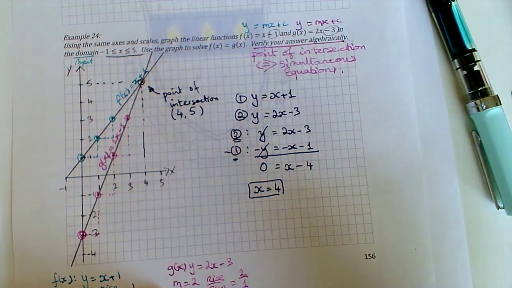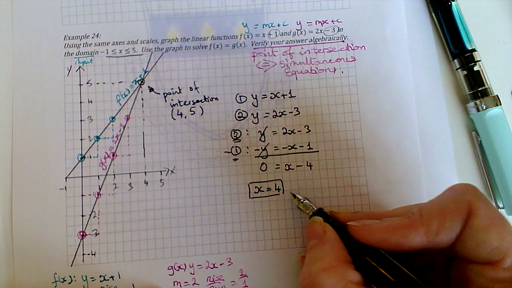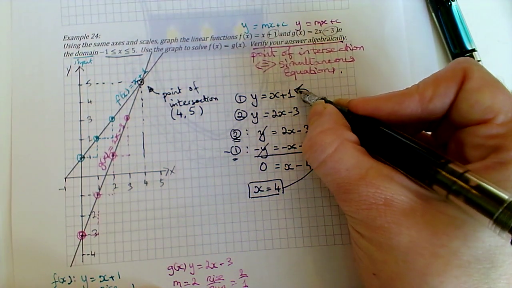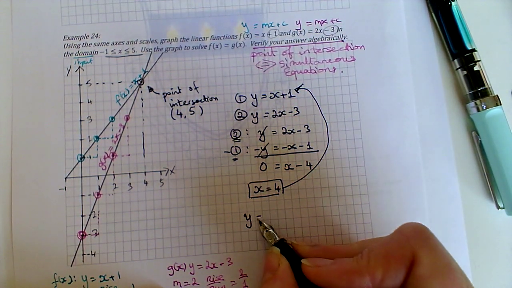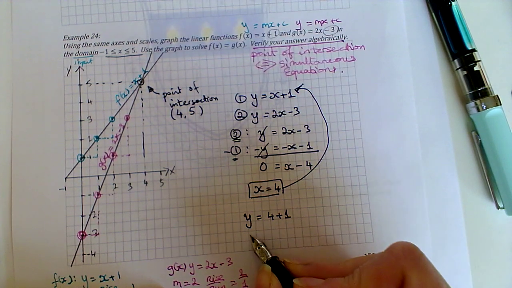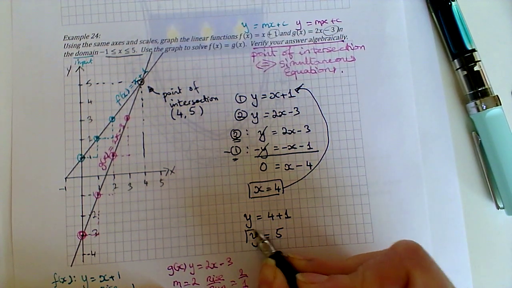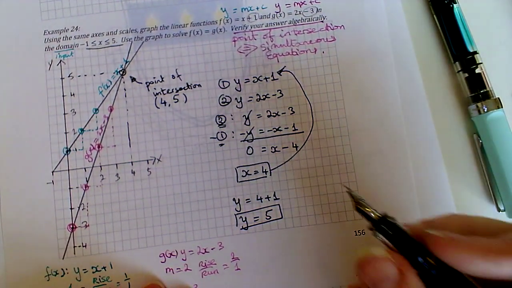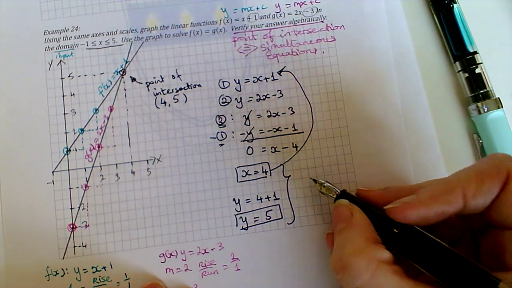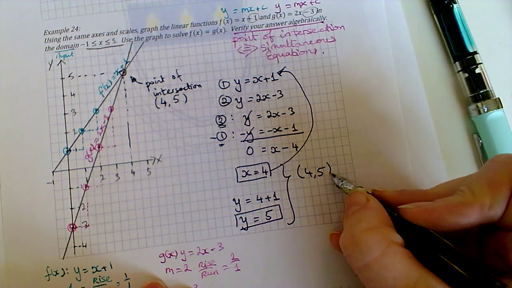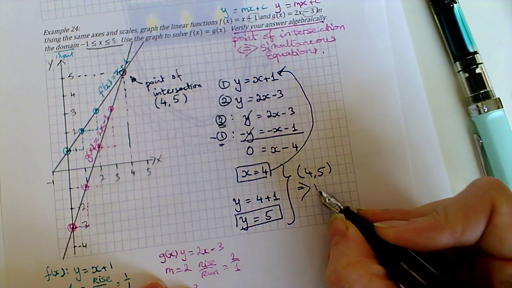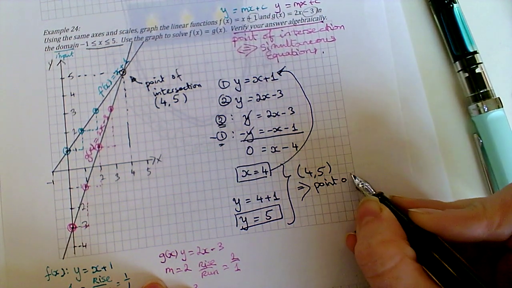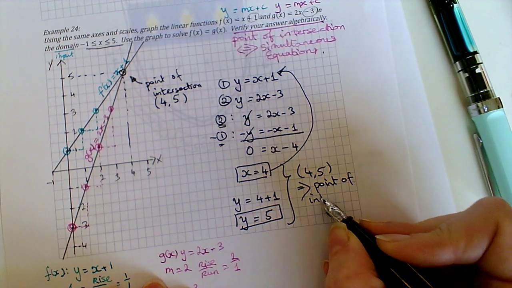Well, that seems positive because that matches the x value on my point of intersection there. And we'll sub that back into, it doesn't matter, but equation 1, y is equal to 4 plus 1, so y is equal to 5. And indeed, that matches exactly my point of intersection. So this gives me the point 4, 5 as my point of intersection.